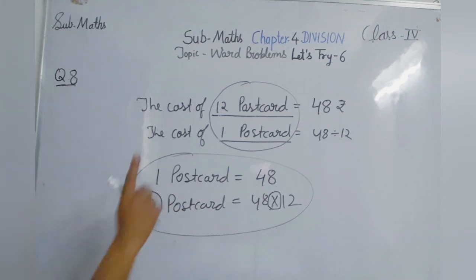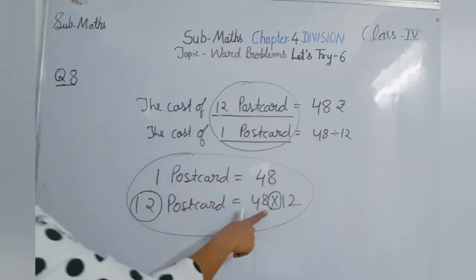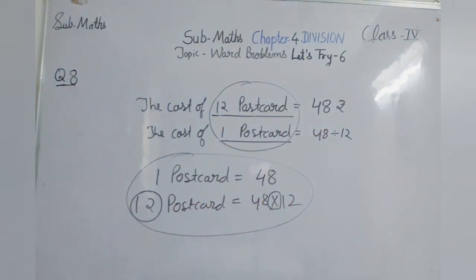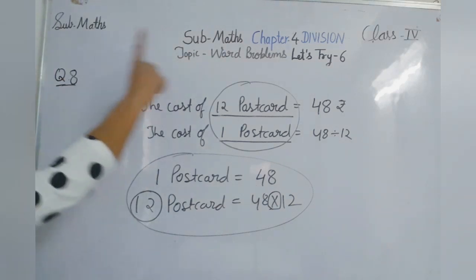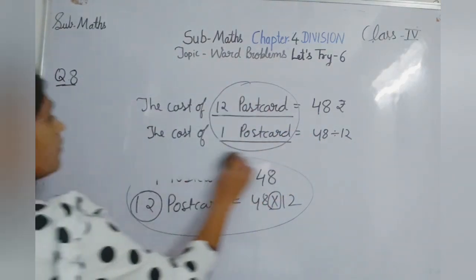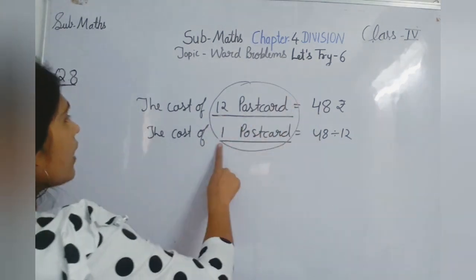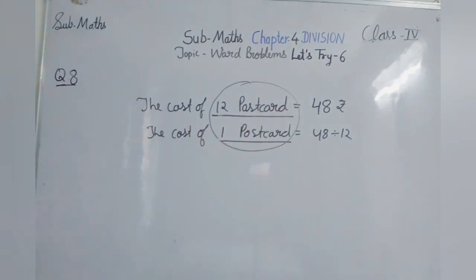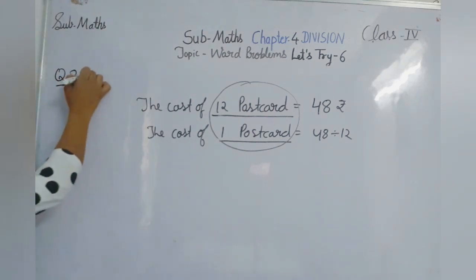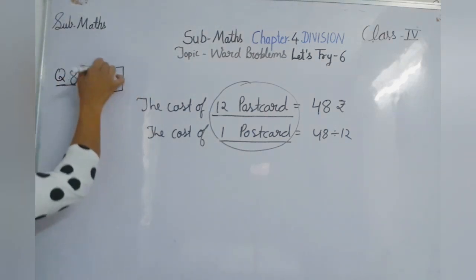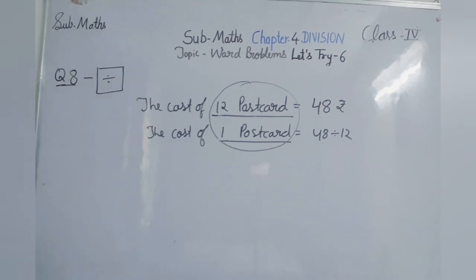So now it is clear where we will use division and where we will use multiplication. So in question number 8, what will we use? We'll use division because they have given the cost of 12 postcards and they are asking for 1. Yes. We'll use the division operation. Now is it clear to you all?